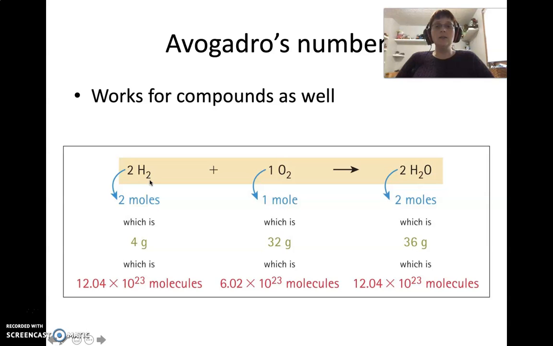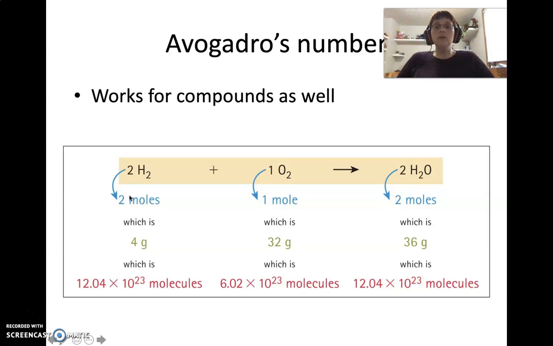We've got 2 times 2, we've got 4 of them, right? So this 2 up here is actually equal to 2 moles. Make sense? So the coefficients are equal to the number of moles that we need of that element or compound.